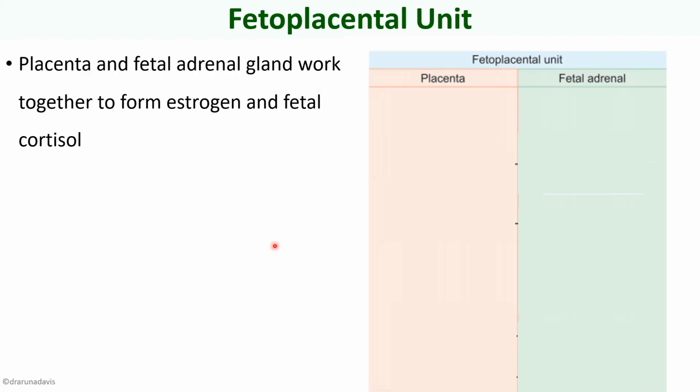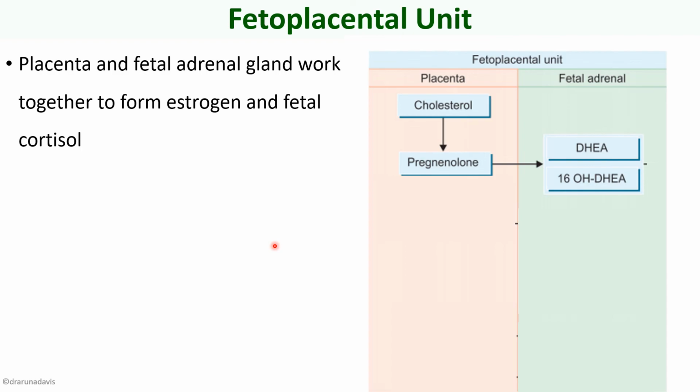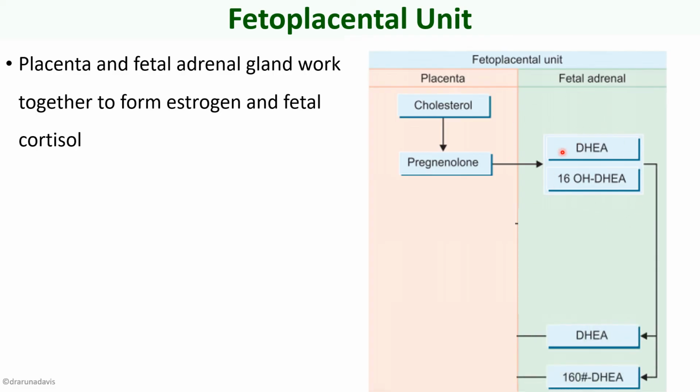We'll see how. From the placenta we get cholesterol, and this cholesterol can be converted to pregnenolone. This pregnenolone will stimulate the fetal adrenal, and the fetal adrenals will convert it to DHEA, which is dehydroepiandrosterone, and 16-hydroxy-dehydroepiandrosterone. Now this DHEA and 16-hydroxy-DHEA will be transported back to the placenta to convert it into estradiol and estriol.